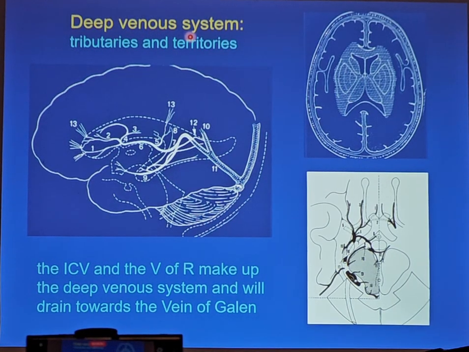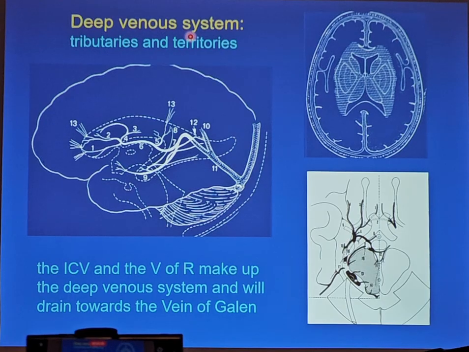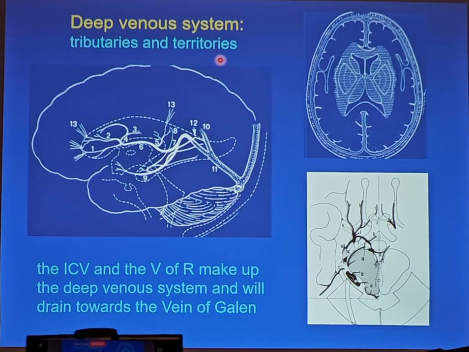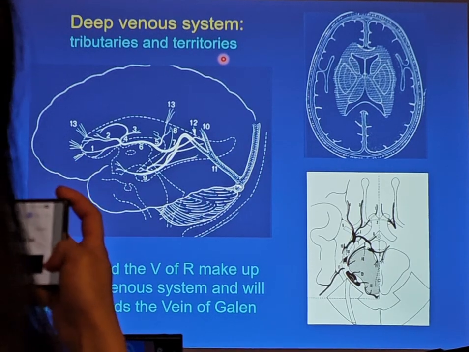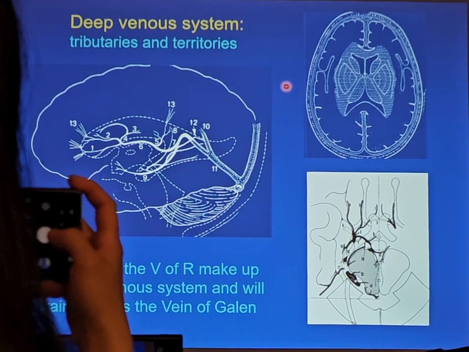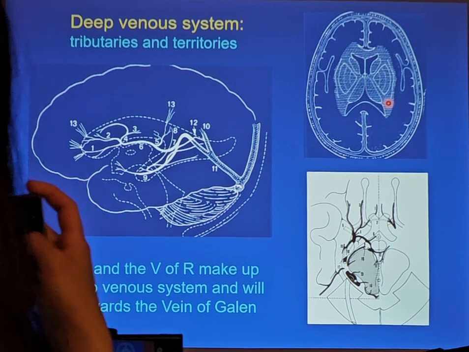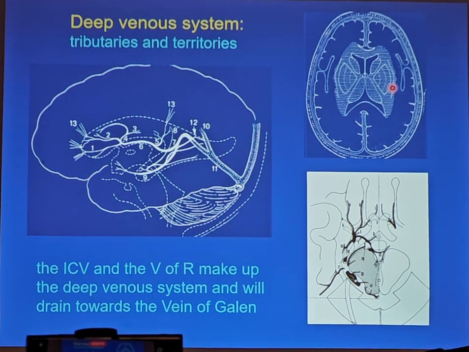Now, if we start looking at the deep venous system, we have its tributaries, its territories, and the exits of these veins. Obviously, it drains most of the deep structures of the brain, the old brain, the thalamus and the basal ganglia region.